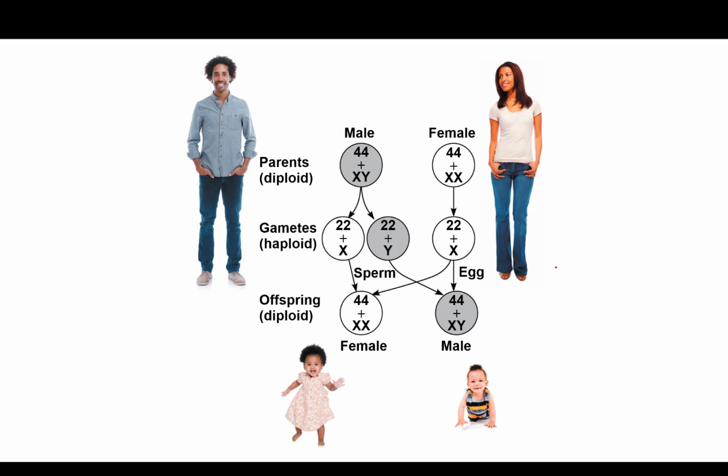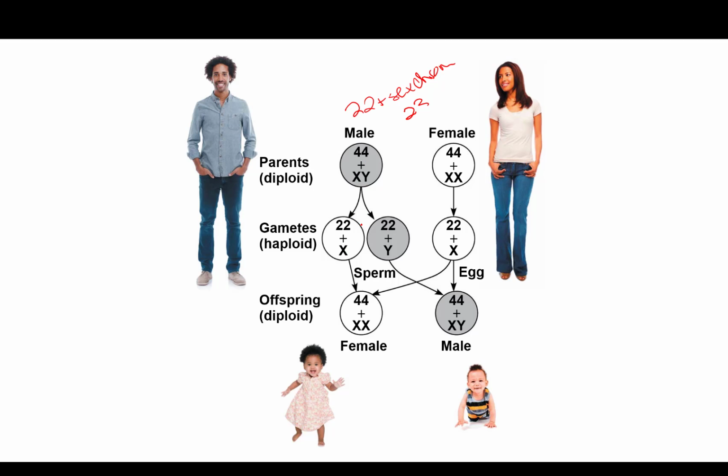We have a male, so we have 44 autosomes, or 22 sets, plus your sex chromosomes. All right, so 23 sets altogether. Now, you're going to combine this male and this female.